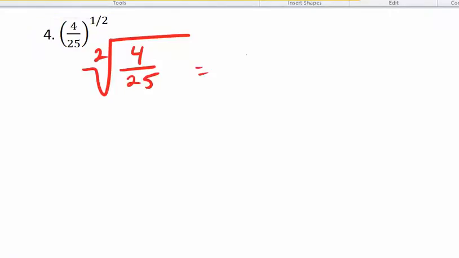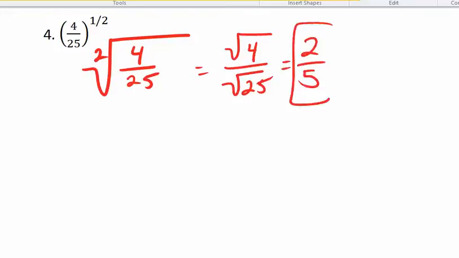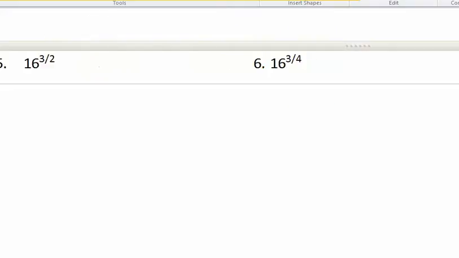When you have a fractional radical, remember you can apply it to both the numerator and the denominator. So we're going to get 2 over 5 as our answer. Again, why don't you go ahead and pause number 5 and number 6 and see what you come up with before we start doing it together.